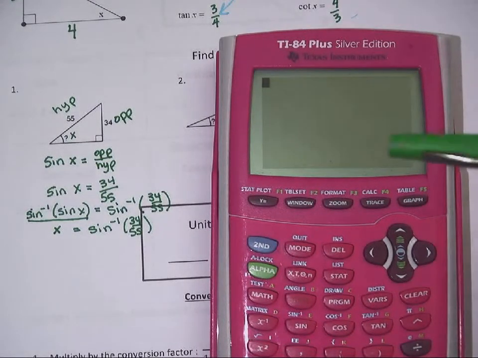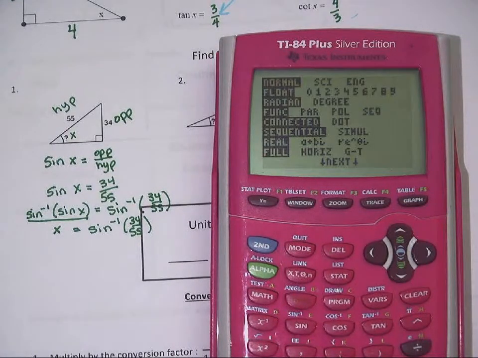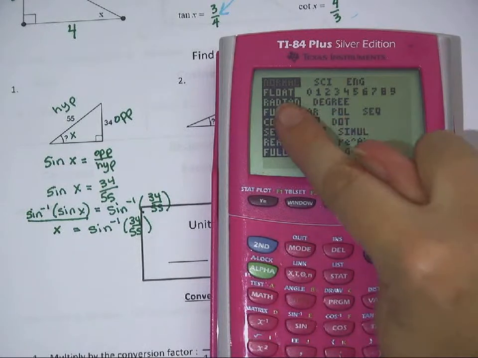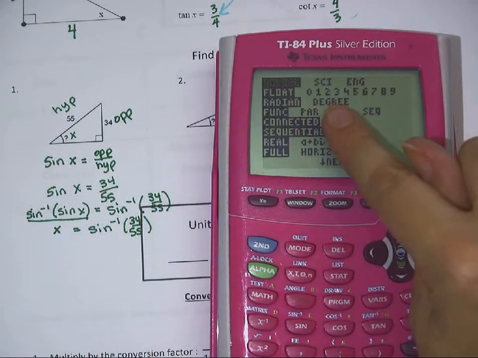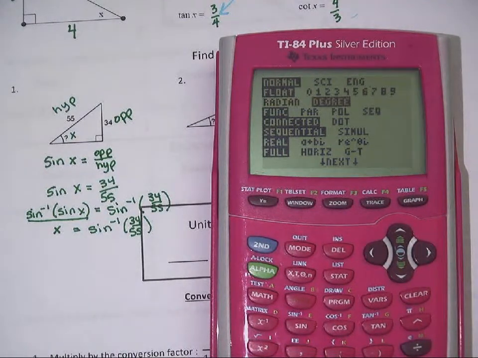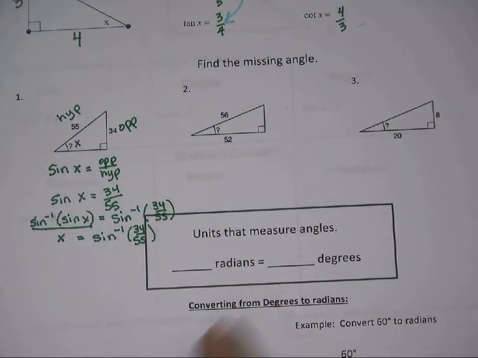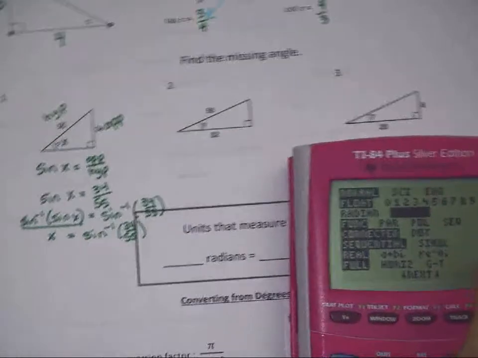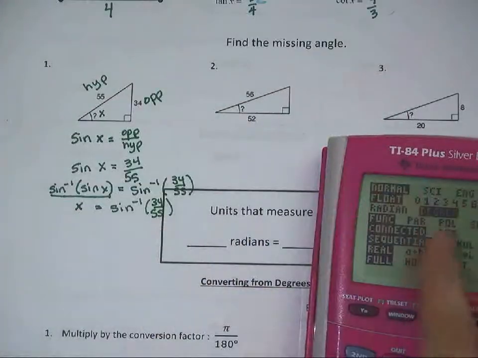The first thing I want to do on my calculator is look at the mode. Under the mode, there are two options here, radians and degrees. For now, we're going to put our calculator in degrees. Later on our worksheet, we're going to talk about how to convert between radians and degrees, but for this part, we're just going to answer in degrees to simplify it.